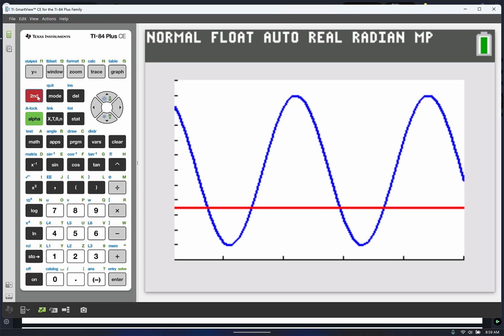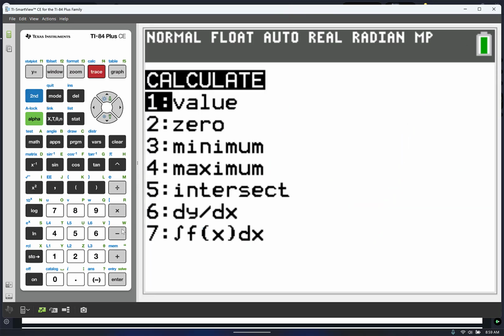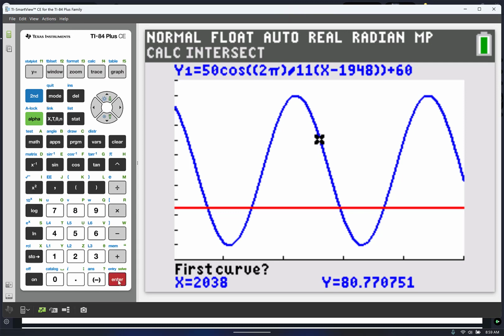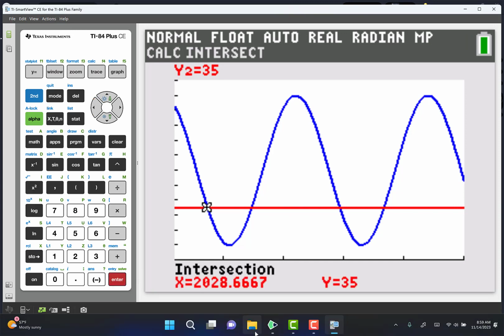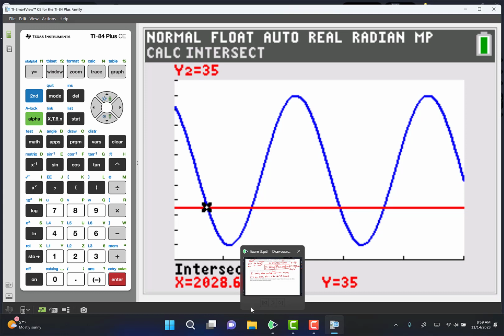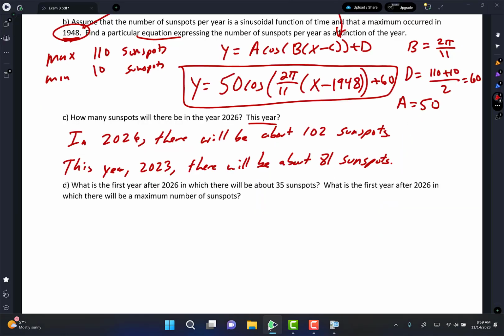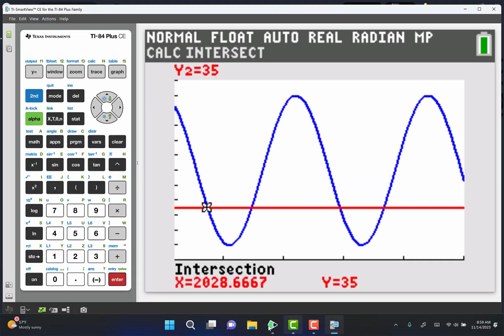So I go second, calculate, number 5, enter, enter, and then when it says guess, scroll to the one you want, enter. So in 2028, you could also say 2029 because of that 0.66. And I guess that's just 2028.667.